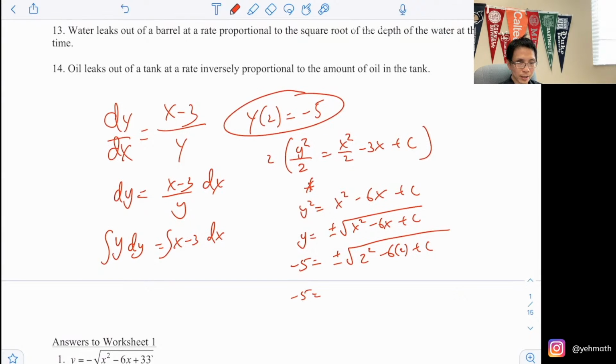Well, I can also say that has to be negative. It cannot be the positive side. 4 minus 8 plus c. Does that make sense? It has to stay with the negative side, not the positive side, because if you just take the positive square root, it's not going to give you a negative value. Yes, I can add. That's 12.